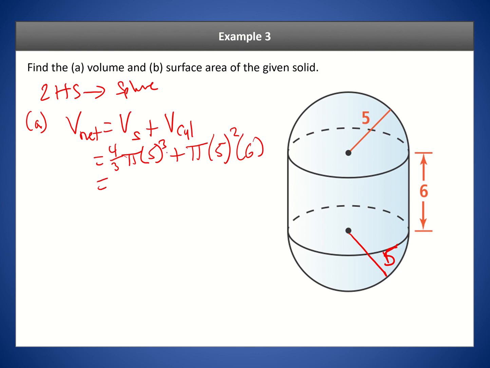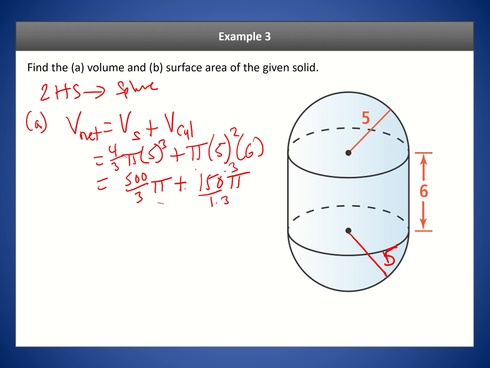So we get 5 cubed is 125 times 4, so this is 500 thirds pi, plus 5 times 5 is 25, and 25 times 6 is 150. So we get 150 pi. And again, we're going to combine these two fractions. This is over an invisible 1. It needs to have a denominator of 3, so we'll multiply by 3 top and bottom.